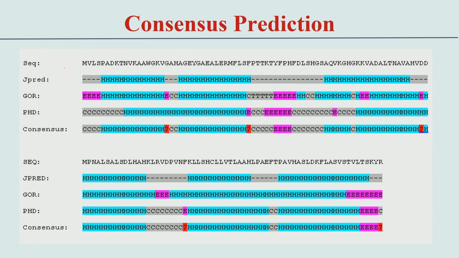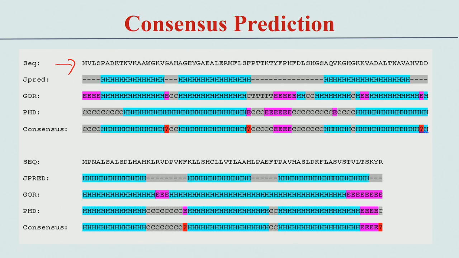First, this is your input sequence, and they use different methods. For example, JPred is based on multiple sequence alignment. They also later used other information, for example machine learning. So, mainly it was developed initially based on multiple sequence alignment.